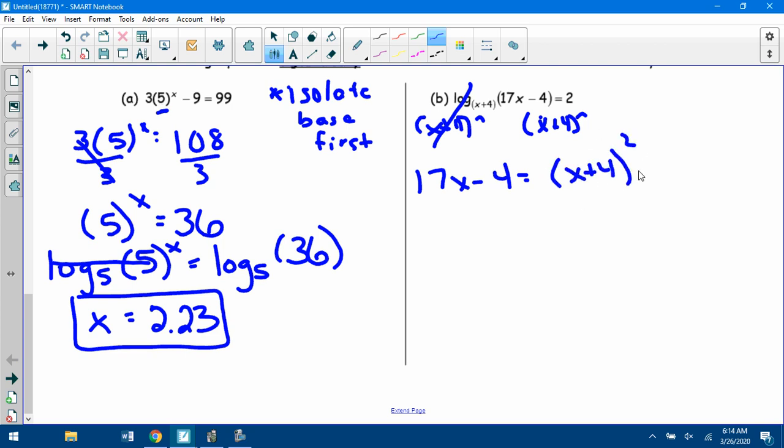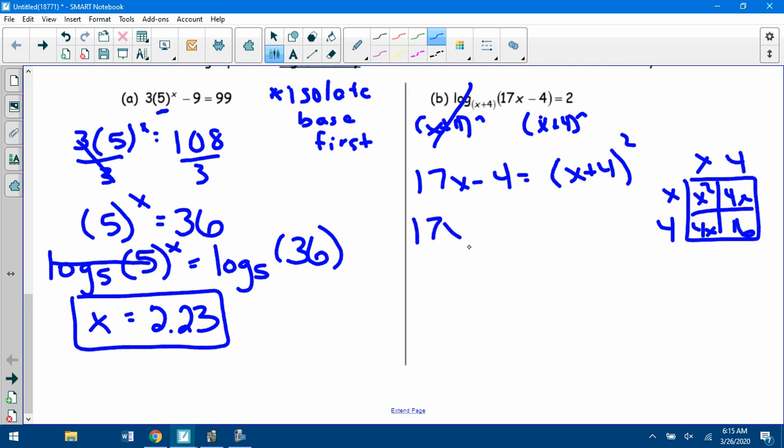How do I deal with (x plus 4) squared? It's not just x squared plus 16. This is a boxing situation. So x plus 4, x plus 4. I'm going to have x squared, 4x, 4x, and 16. There's that middle term. So 17x minus 4 equals x squared plus 8x plus 16.